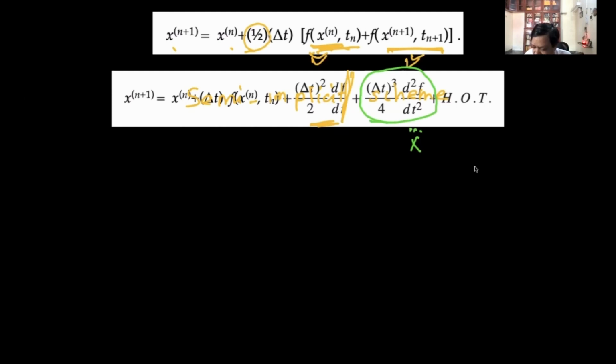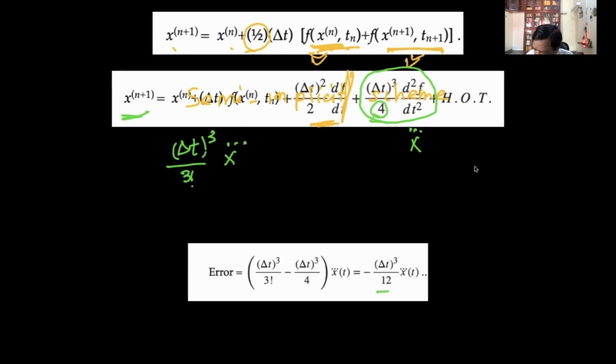So the third order term in the Taylor expansion of xn plus 1 will be delta t cube by factorial 3, x triple dot. Okay, factorial 3 is 6 and I got 4 here. So it is not accurate. The difference is 1 by 12. Okay, so the error is delta t cube by 12 times x triple dot. Okay, so this scheme is second order accurate.